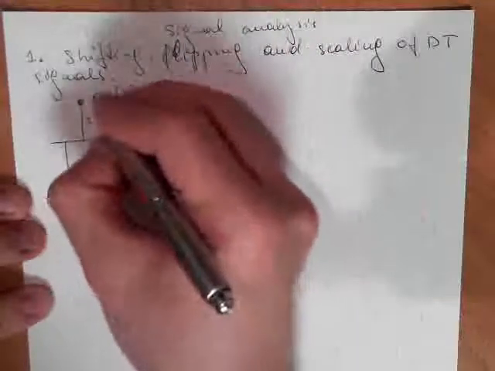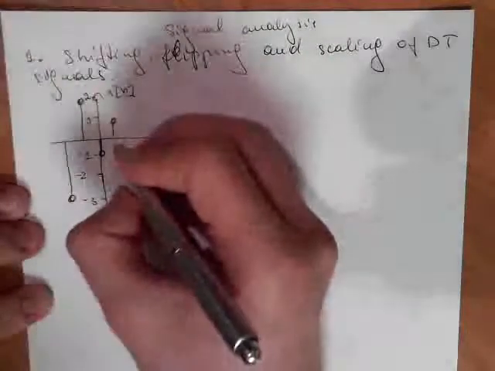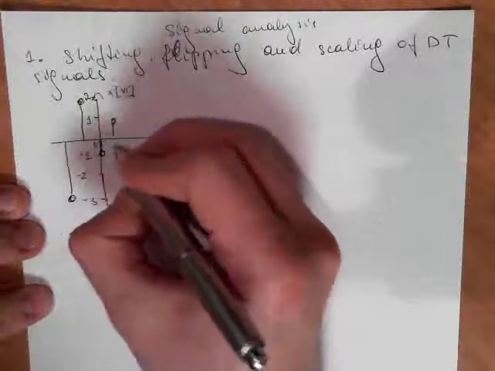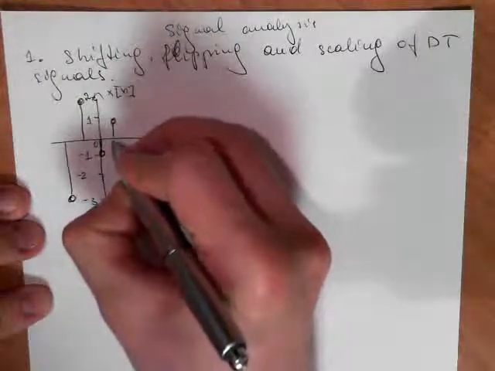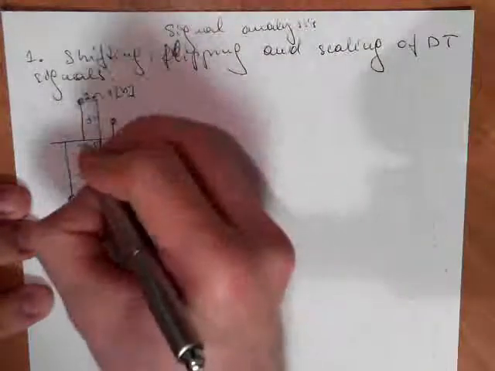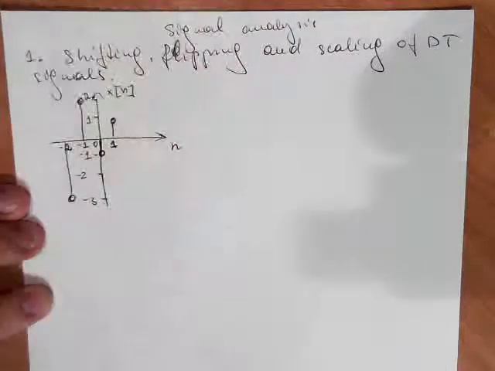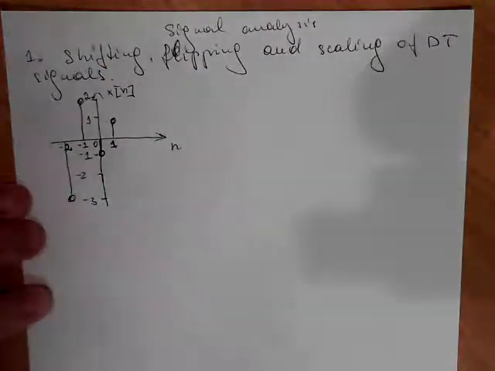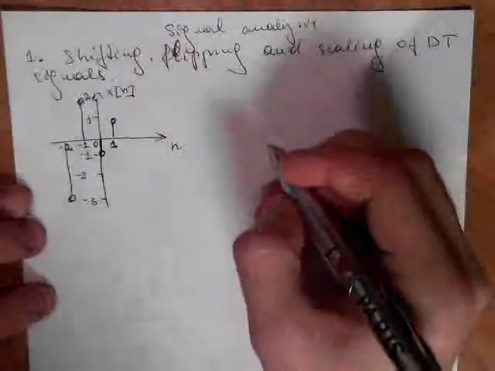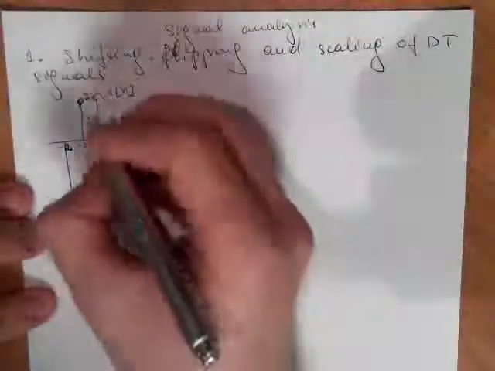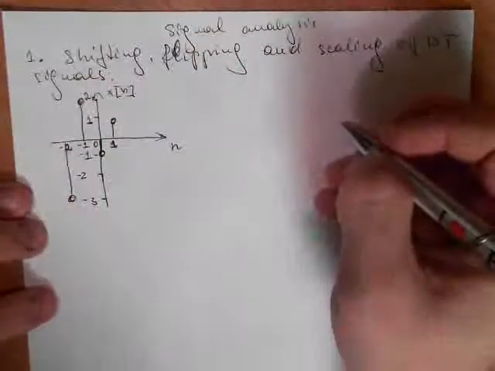Now here it is 1, here it is 2, here it is 0, here it is 1 in x-axis, here it is -1, here it is -2. The y-axis doesn't matter so much here, but anyway we may specify the values.